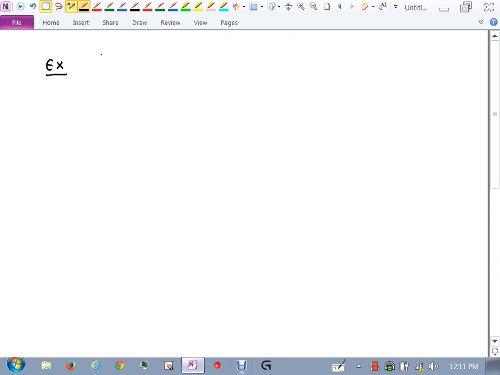I want to look at the example where we let all our c sub k's be 1. All of them. Remember I said those c's in front of each power can be different numbers? We're just going to let them all be 1s and see what we get.